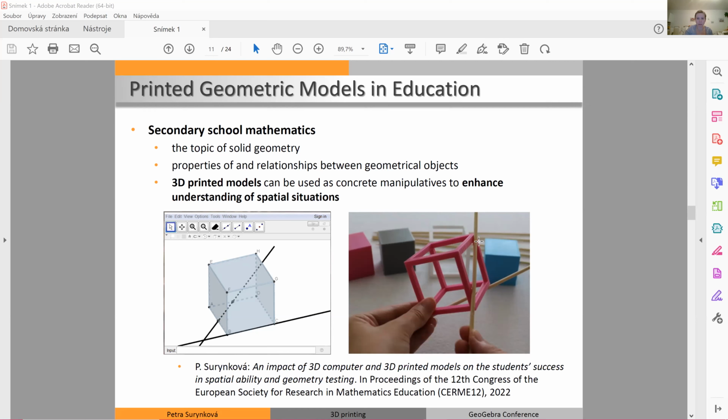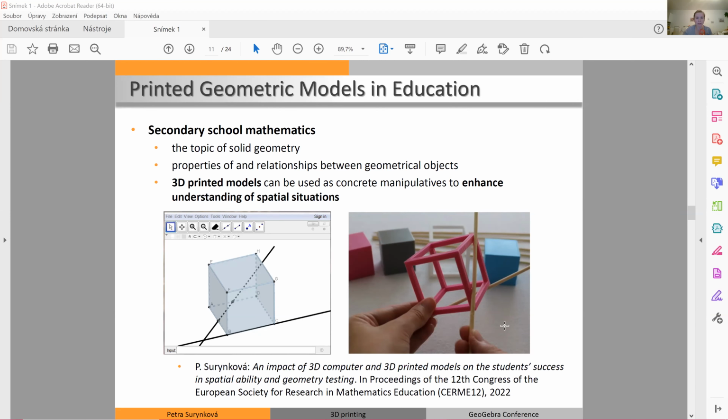Here I'm showing the positions of two lines. What I'm also doing, because I'm dealing with this in my research, is comparing what is better: to use a digital model, as you can see on the left in GeoGebra, where the situation is depicted, or whether it is better when students are using real physical objects.